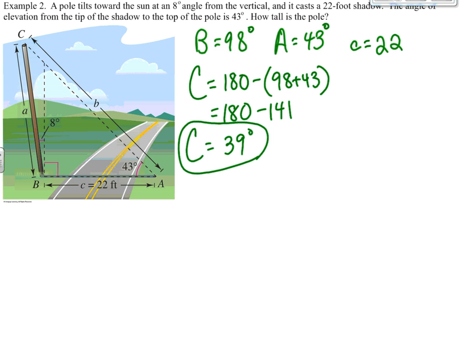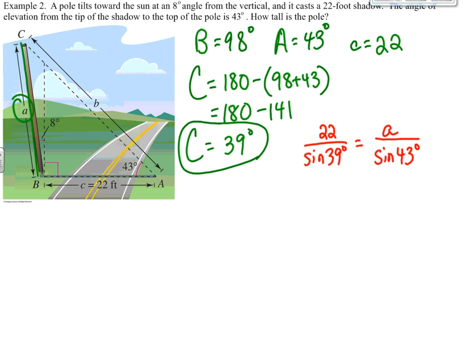And then really I'm not asked to find all the parts. I simply have to find the height of that telephone pole. So I only need to find the side that's little a. And so I'm going to set up my law of sines ratio as 22 over the sine of 39 degrees equals little a over the sine of 43 degrees.